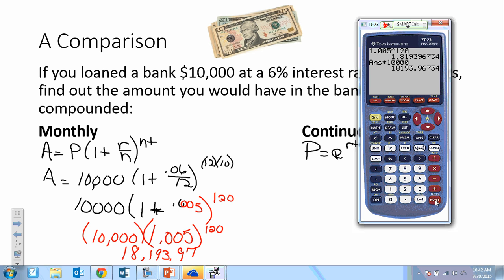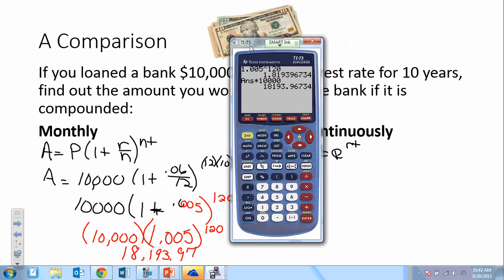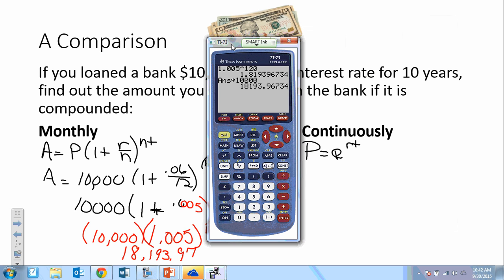It's always better to not do any rounding till the very bitter end. Okay? Everybody knows how to run their calculator, knows how to do these? Okay. So now let's talk about Pe^(rt). Yes, thank you. It didn't look right when I wrote it up there.